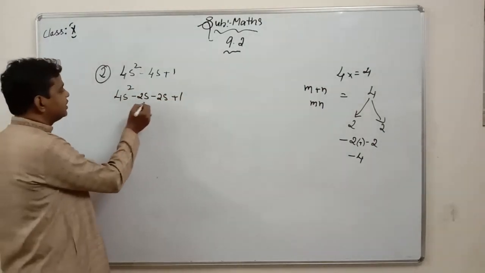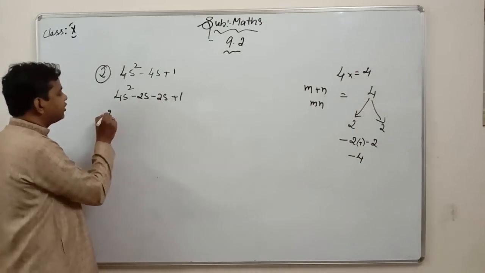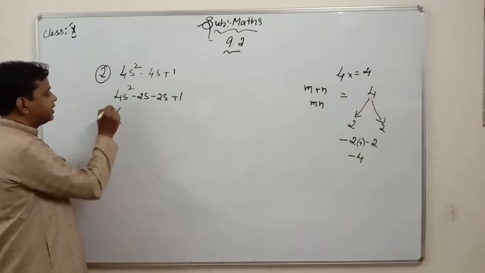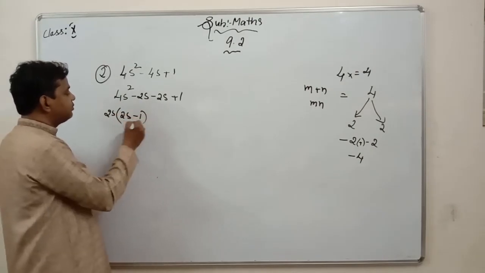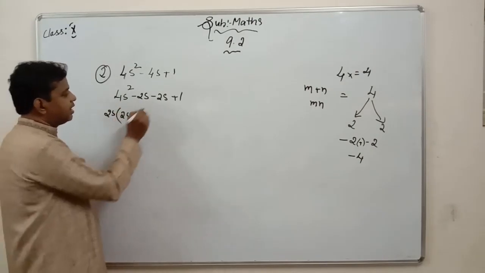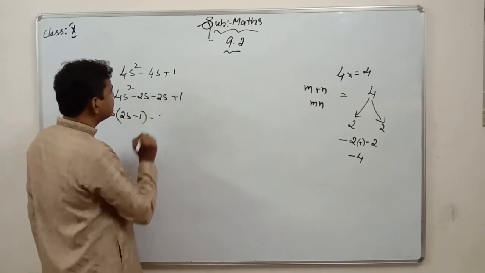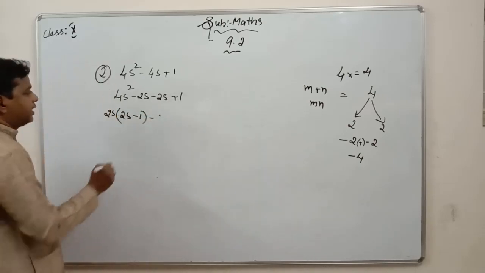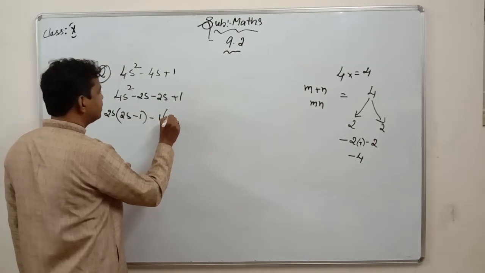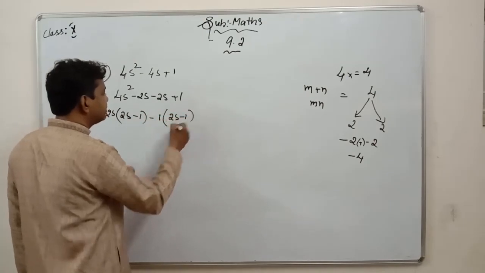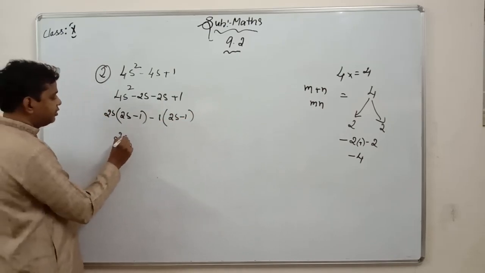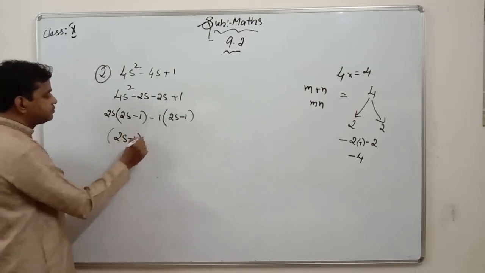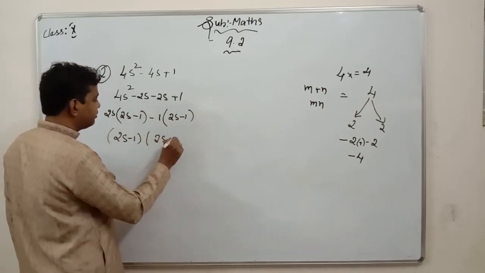Now let us take what we can take common here. I can take 2s common here. Remaining is here 2s minus 1, because 2s into 1 is 2s. I can take minus 1 common here. The remaining is 2s minus 1. So in these two again I can take 2s minus 1 and 2s minus 1.